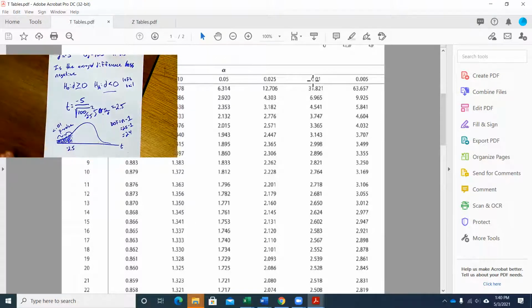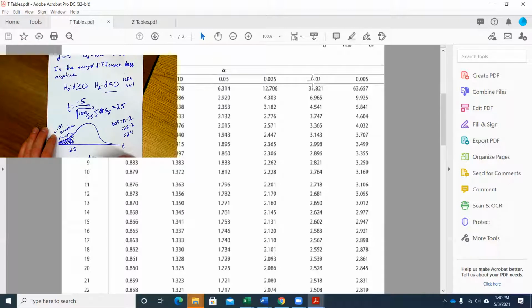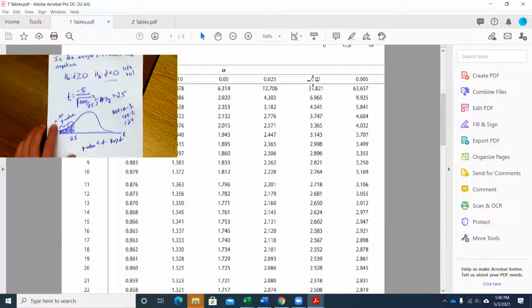Just slightly less, because the area to the left of -2.492 was 0.01, so the area to the left of this will be just a little bit smaller. So if I'm thinking about my rejection decisions here, that's actually good because my p-value is just barely below 0.01. So when do I reject? I only reject if my p-value is less than alpha.